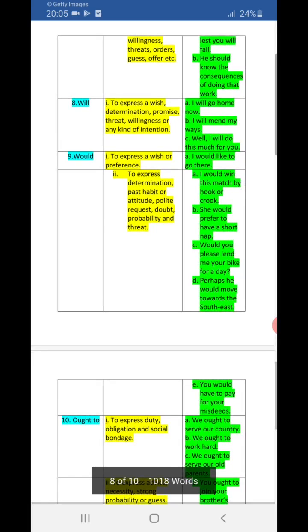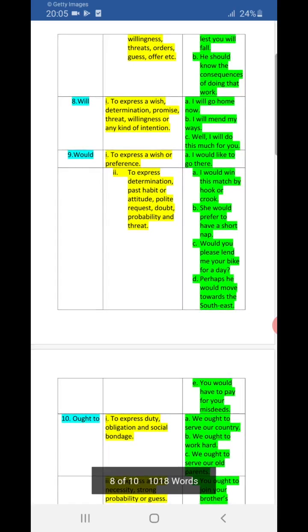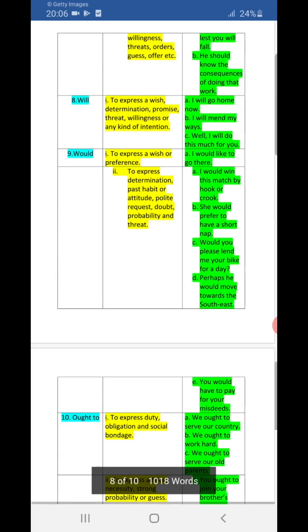Next, number D. Perhaps he would move towards the southeast. So, it is a kind of probability that anyone is expressing.